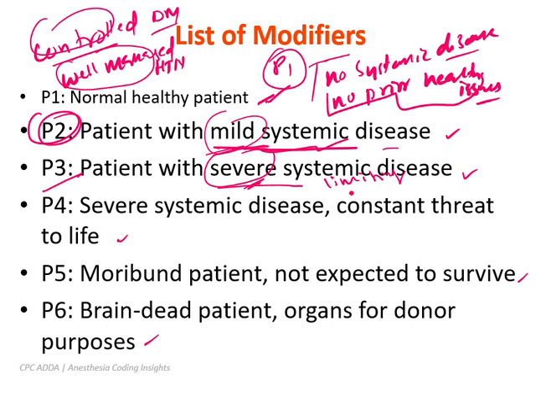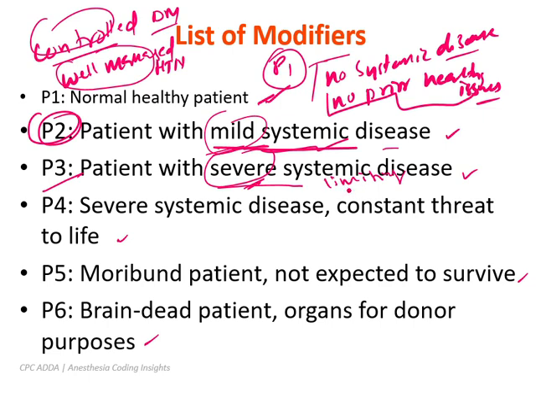For example, in P2 we see controlled diabetes mellitus or well managed hypertension, but in P3 we have uncontrolled diabetes mellitus or poorly managed hypertension. We can say those conditions are severe systemic disease, but not a threat to life.